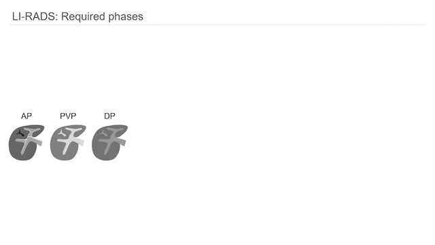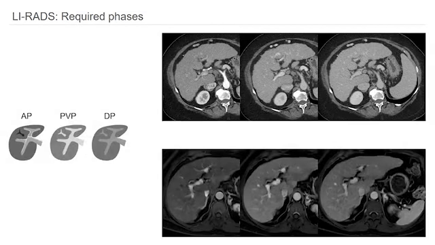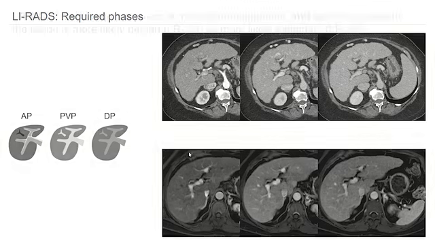These are arterial phase, portal venous phase, and the delayed phase, and these are equally applicable to both MRI and CT. So again, you need arterial phase, portal venous phase, and delayed phase to appropriately categorize the lesions. Particularly if arterial phase is either missing or non-diagnostic, it creates a problem.